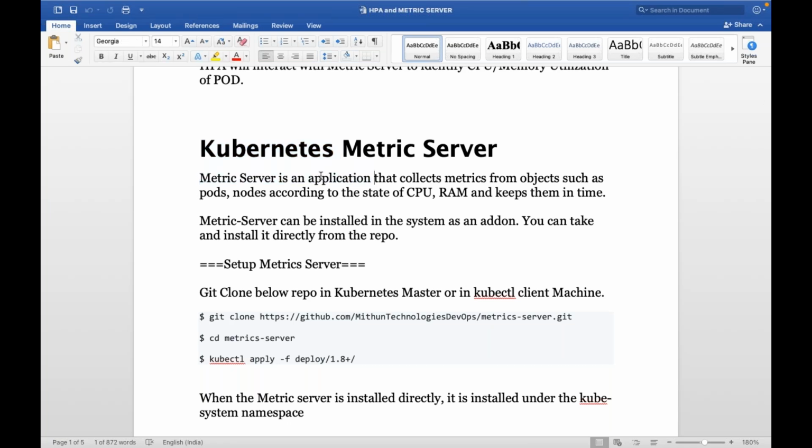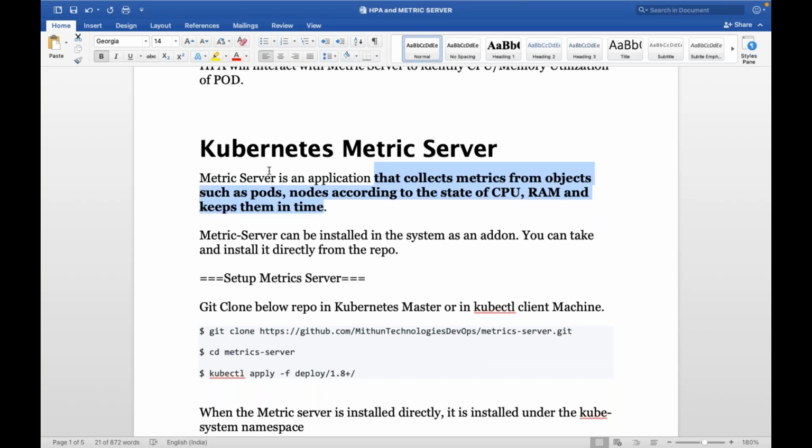What is metric server basically? It is one application. What does that metric server do? Basically, it will collect the metrics. Metrics is nothing but data, a collection of data. That can be any data.